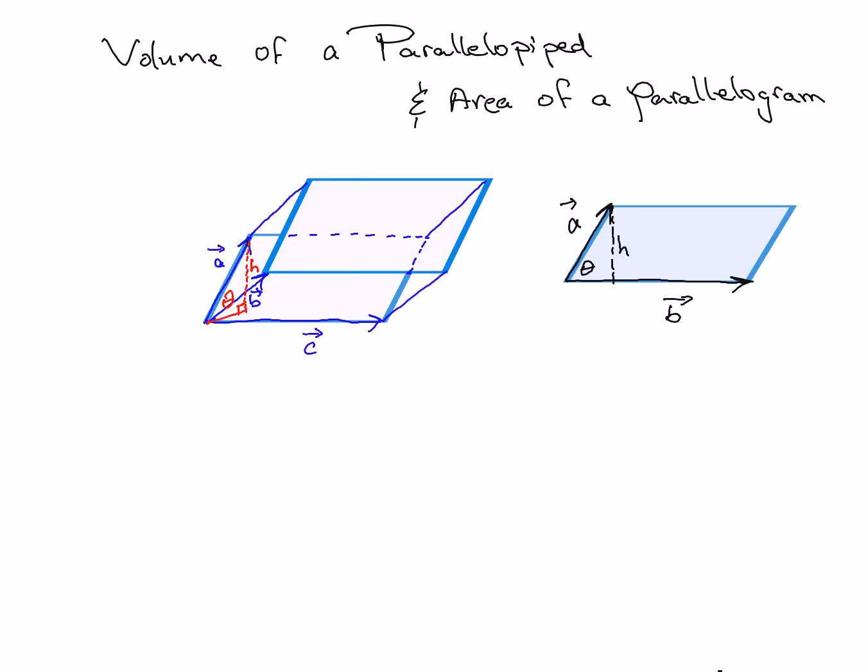Another application for the cross product is the ability to calculate the magnitude of an area, as we will see on the diagram to the right. And the area will have the formula of the magnitude of A vector cross B vector. And I'm going to show why this would be true.